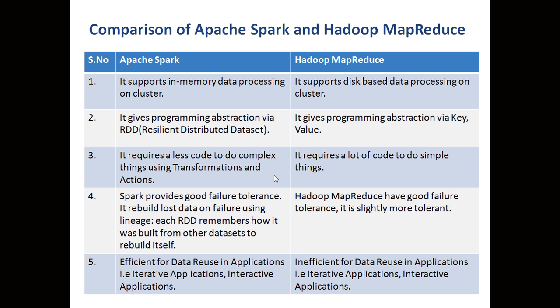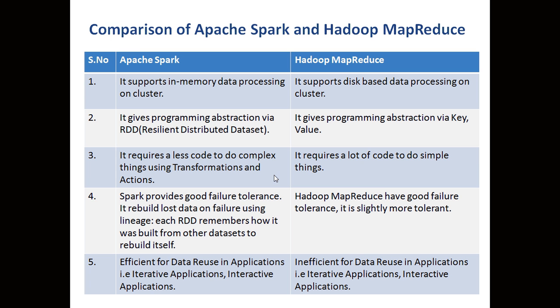So let us compare Apache Spark with MapReduce. As I mentioned, Apache Spark is in-memory data processing. It doesn't mean that I can use Spark only if my data fits into memory.